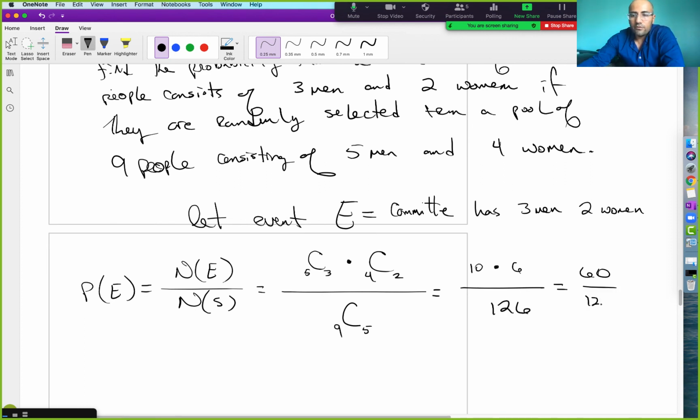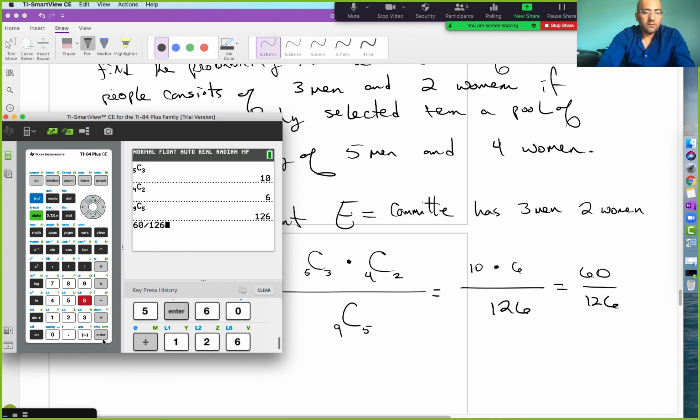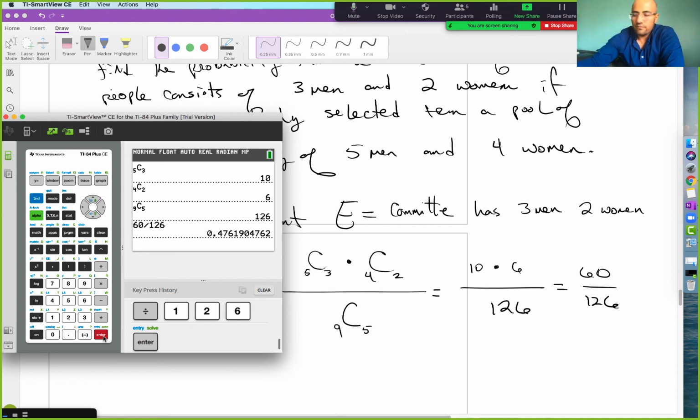So if we divide those two things together, we get 60 divided by 126. And we get 0.47619. So let's round that to 0.4762.